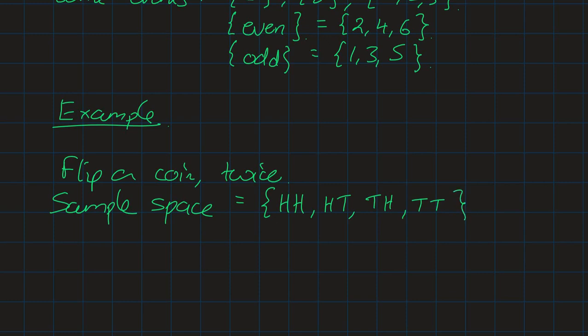This is the sample space for flipping a coin twice, where, for example, this one here means first flip equals heads, and the second flip equals tails. That's what this means.